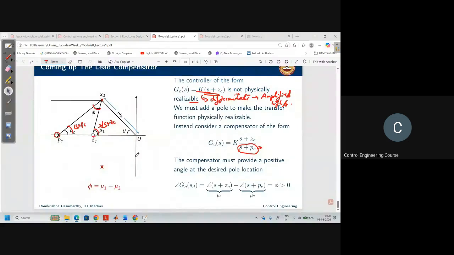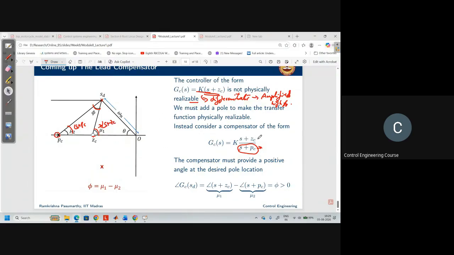So all we are doing here is designing a controller such that we are shaping the root locus so that it passes through the dominant pole. That is the objective in this controller design.